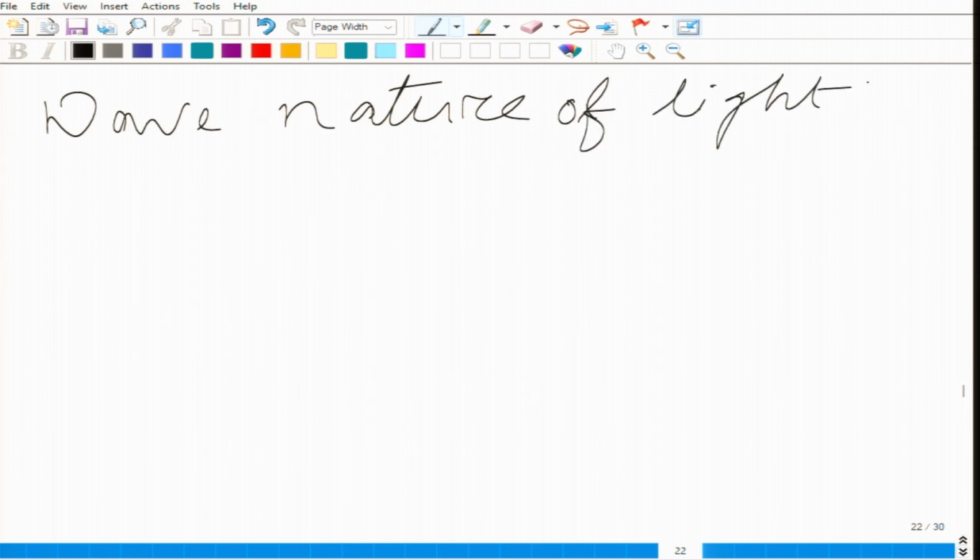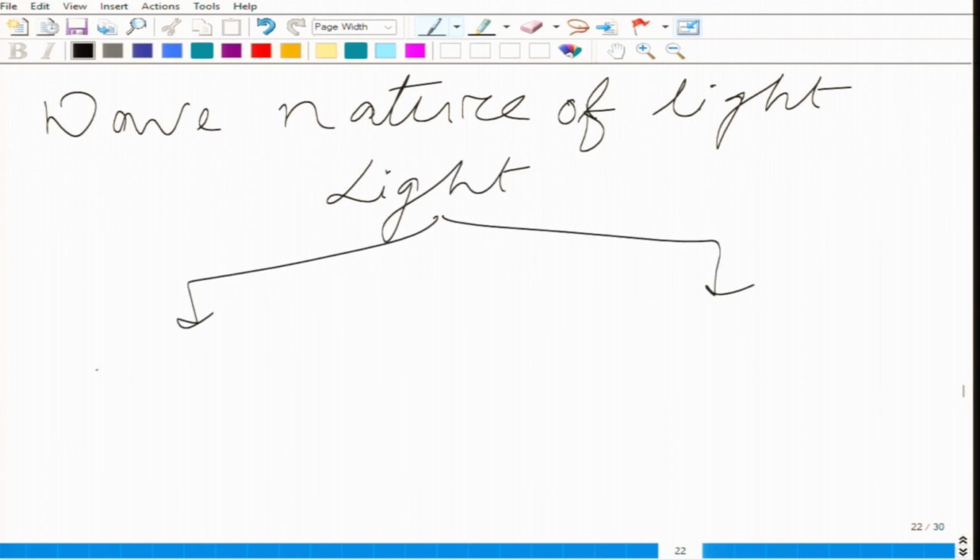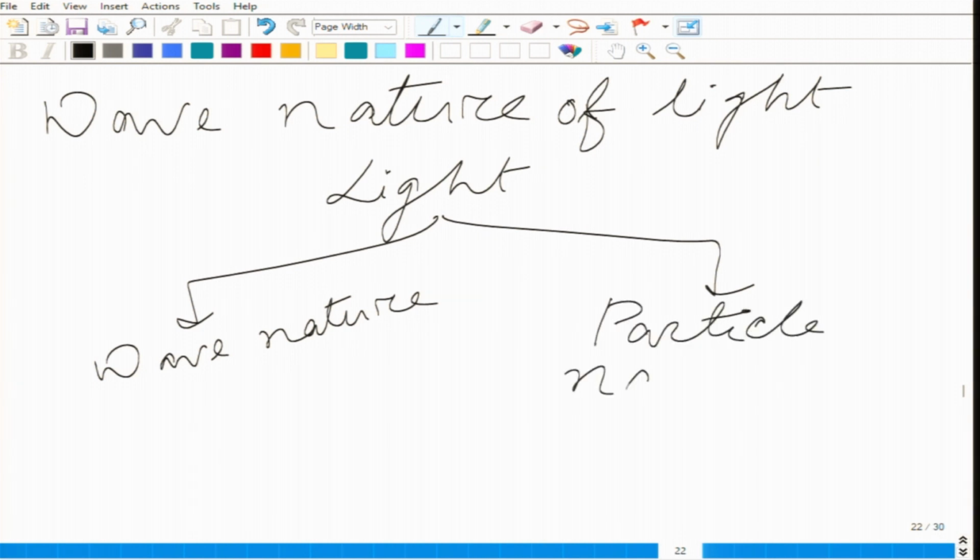Light has two properties. One is the wave nature and another is the particle nature. Wave nature was proposed by Maxwell.